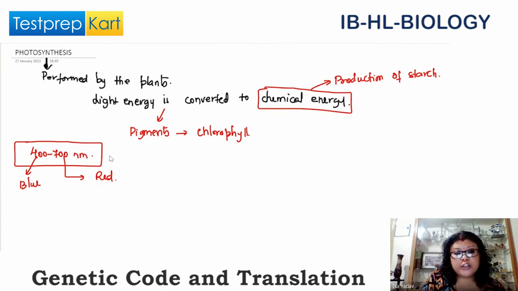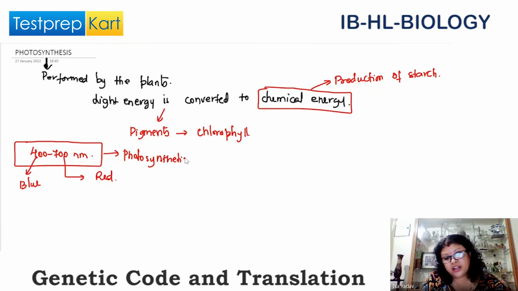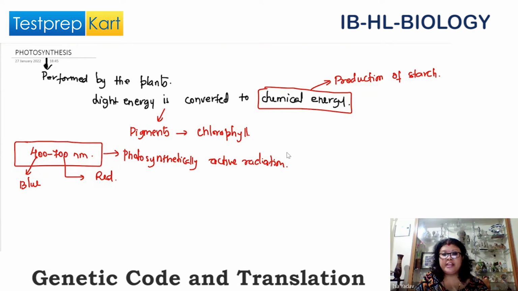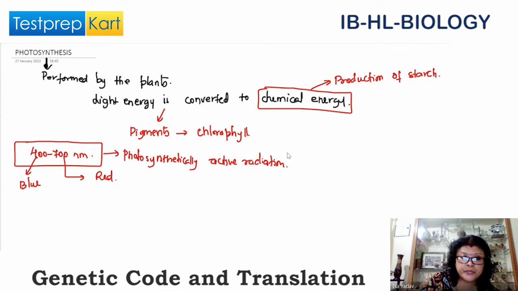So these are called photosynthetically active radiation. Is this clear? Okay. Then next, let's see here.